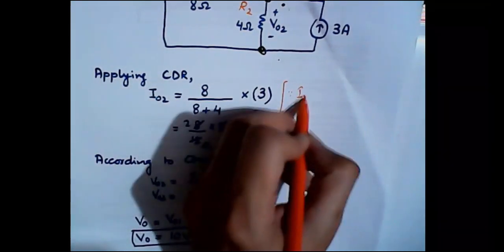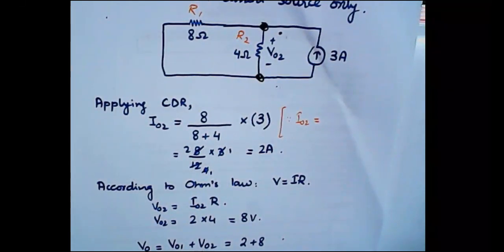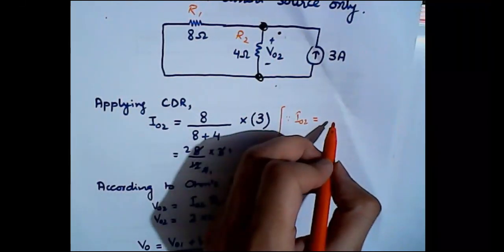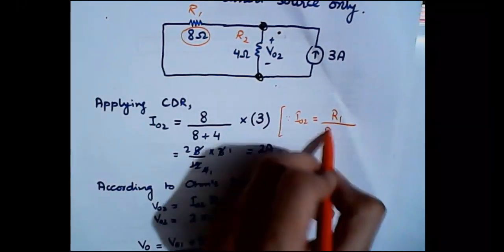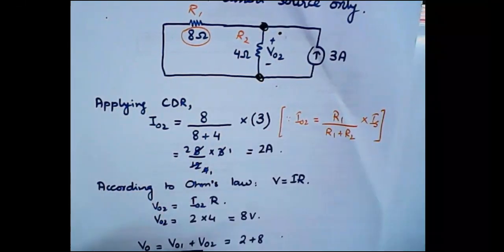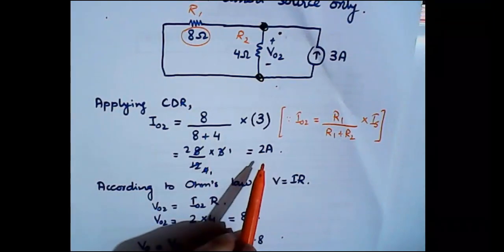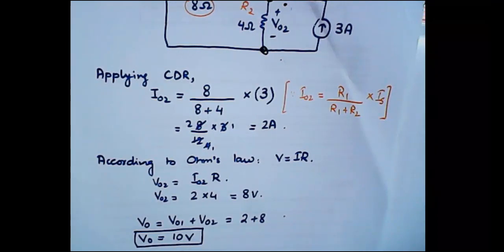That I naught is equal to the resistance for which we were not considering the current, that means the 8 ohm resistance, divided by R1 plus R2, multiplied by the total or source current. Solving it gave a value of 2 amperes. Then with the help of Ohm's law we calculated the voltage, and the total voltage in the circuit due to the presence of both sources is found to be 10 volts.